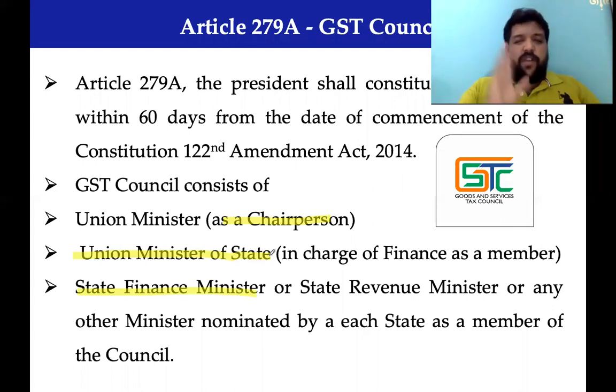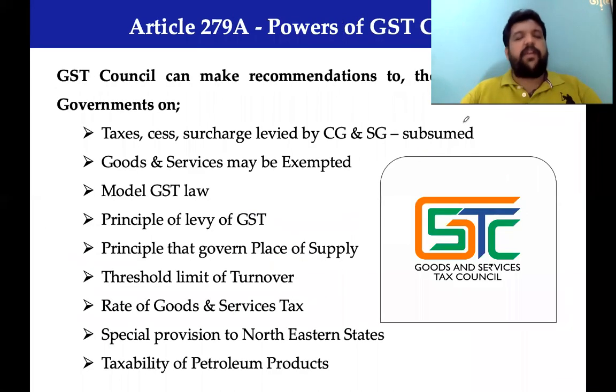Every state will have one finance minister. That finance minister will also form part of the GST Council. It's a council. It's a constitutional body which will discuss various matters and arrive at conclusions. What product should be taxable? What product should be exempted? How to implement GST?